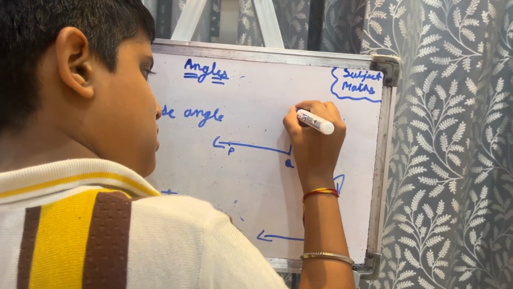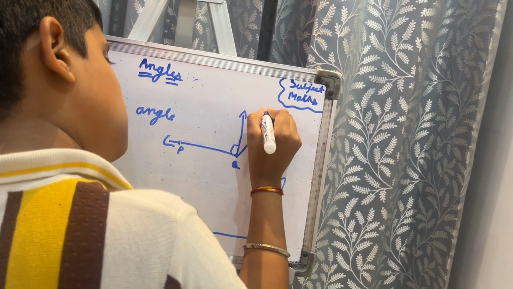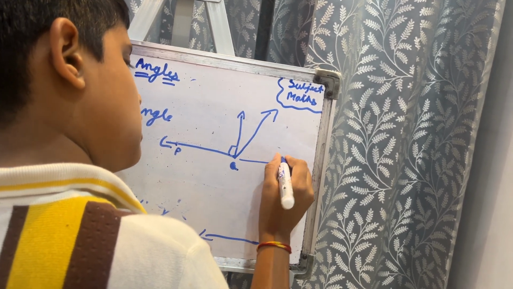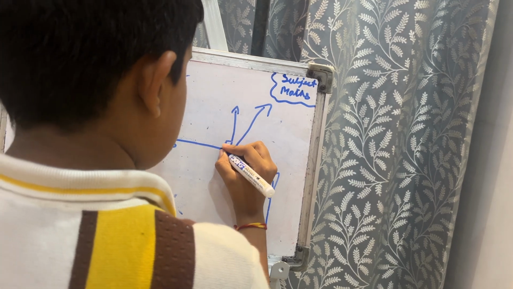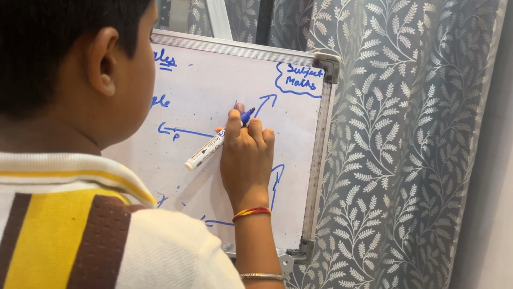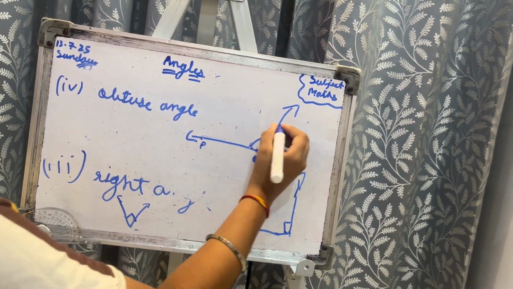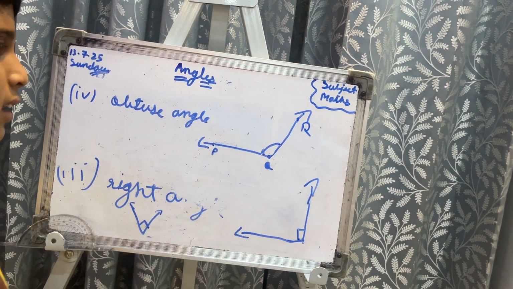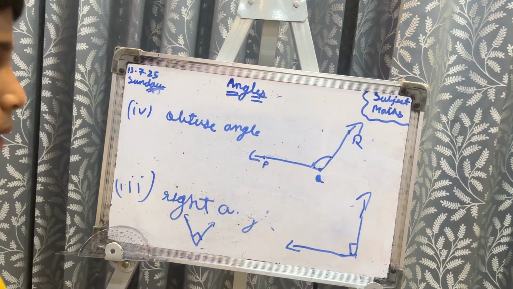And this is the right angle. This is more than right but less than straight angle. So this angle is called obtuse and it's more than 90.